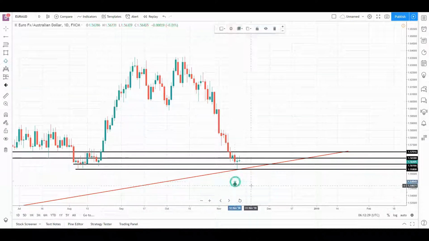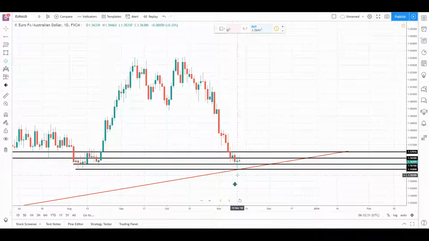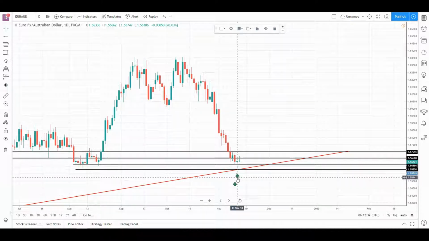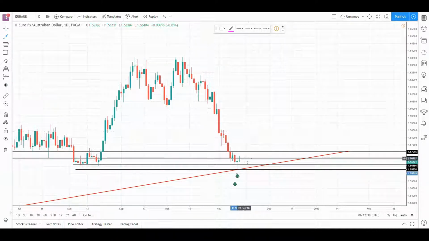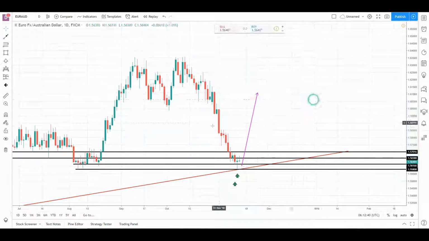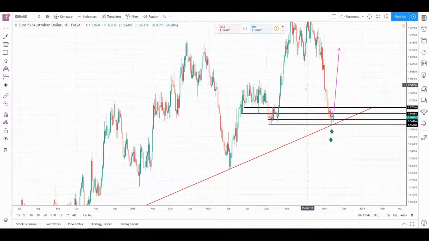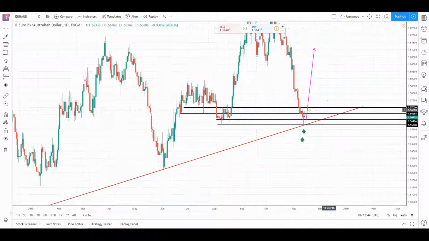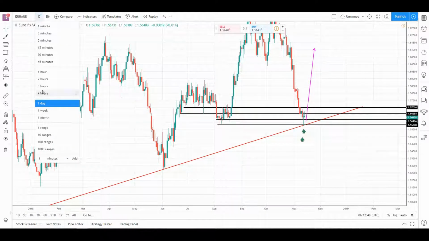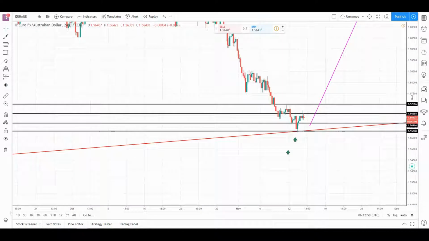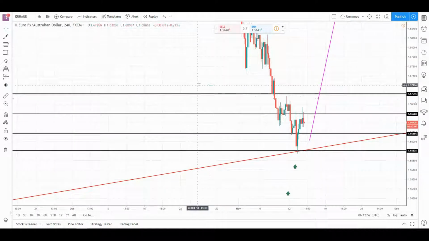So, such as here, and then makes a new low on this candle here, but closes in the green. This is a strong indication of price action heading higher. Now this is a big move that we're expecting here. I've put some levels out as potential support and resistances. We'll have to go over to the 4-hour chart to find them and to understand them.